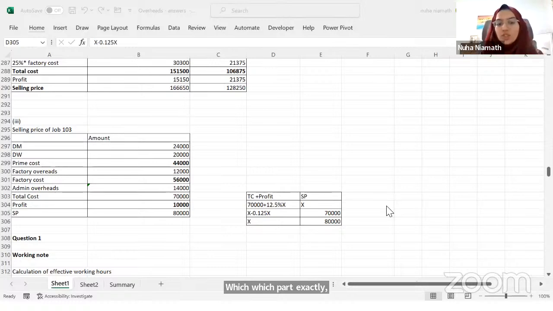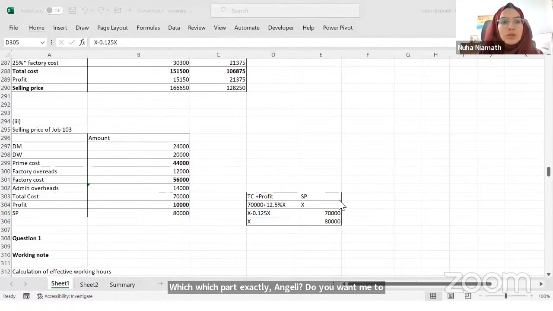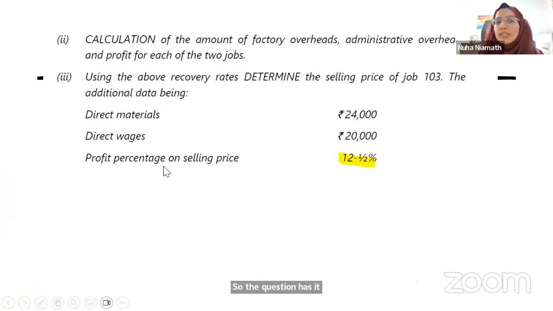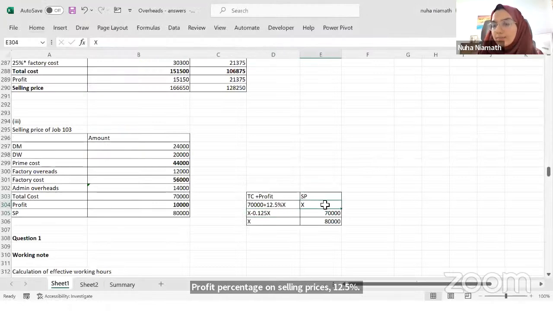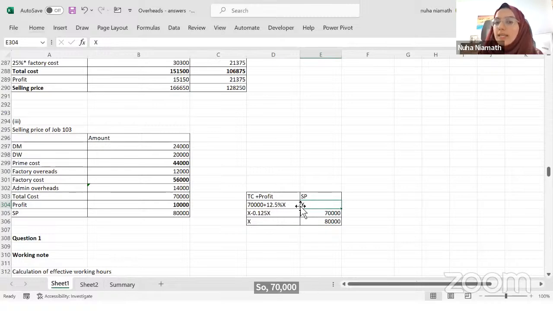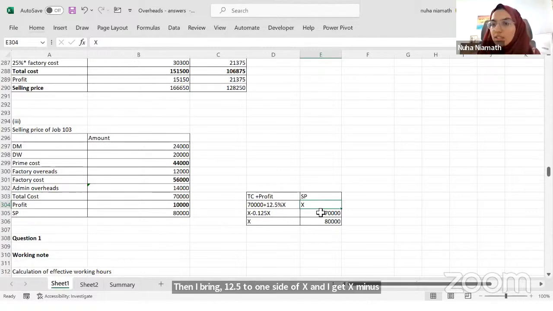Okay. So the question has it that profit percentage on selling price is 12.5%. Correct? Let's take selling price as X. So profit will become 12.5% of X. So 70,000 plus 12.5% of X will give me X, which is the selling price. Then I bring 0.125 X to one side and I get X minus 0.125 X is equal to 70,000.